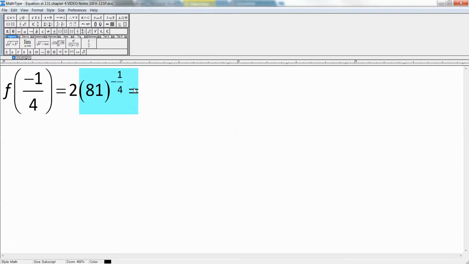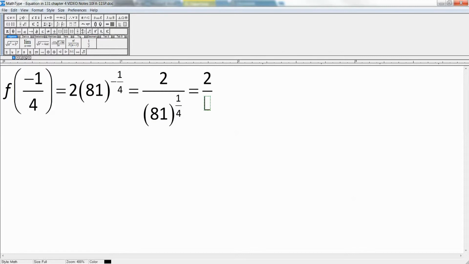It means that this part right here, the thing that that power is for, which is the 81, has to go to the denominator. So you've got to put 81 to the positive 1/4, because once you move it, no more negative power. And in the numerator, you still have the 2, because the 2 is not affected by this negative power. The negative power only works on what's inside that parentheses. So it's 2 in the numerator.